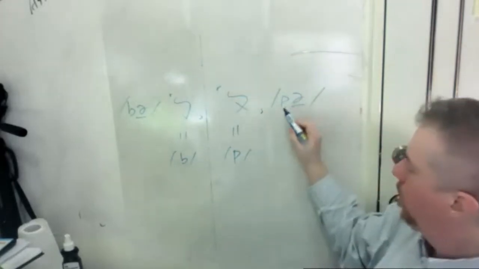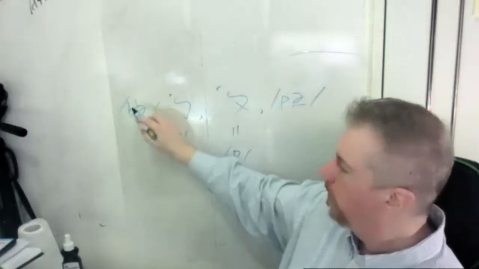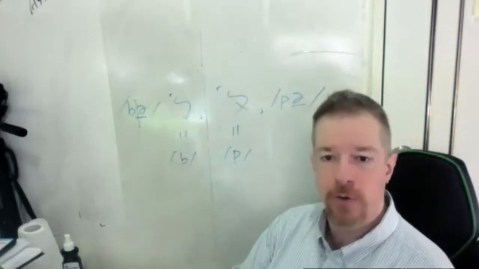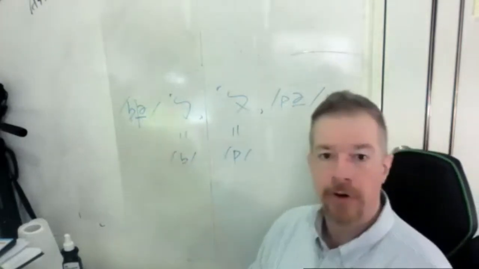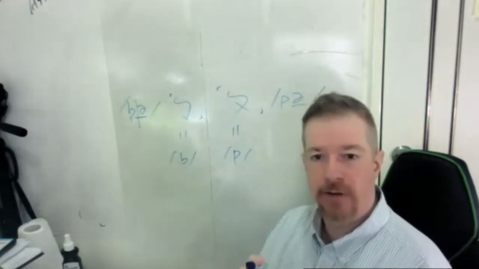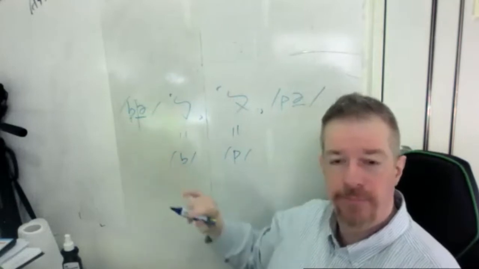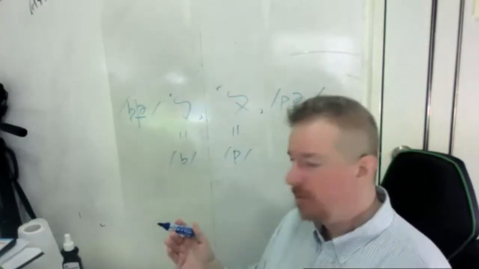So somewhere between here to here, somewhere in there, a voice is going to begin. But where does it begin? Does it begin during a B sound to make a B? Or does it begin really right after that, which means that this would be a P? And it's actually the latter that happens.